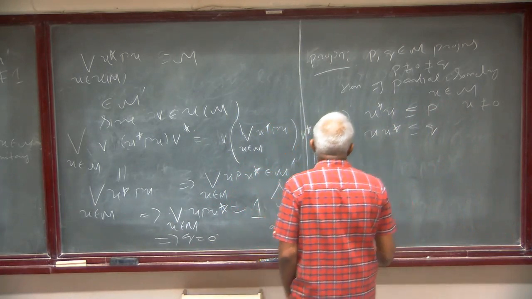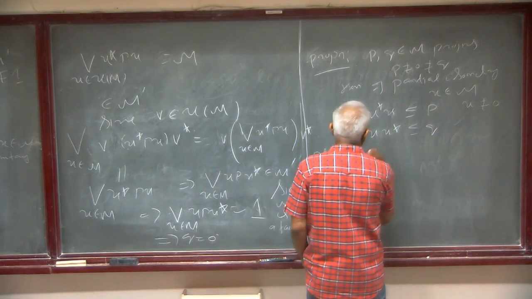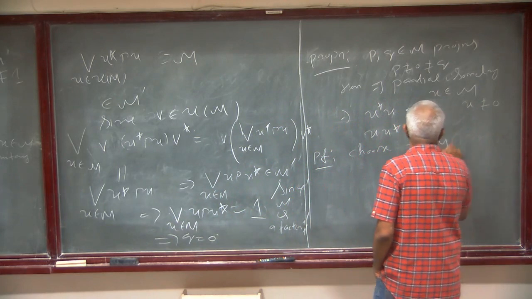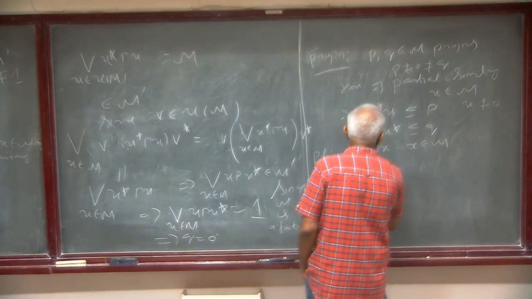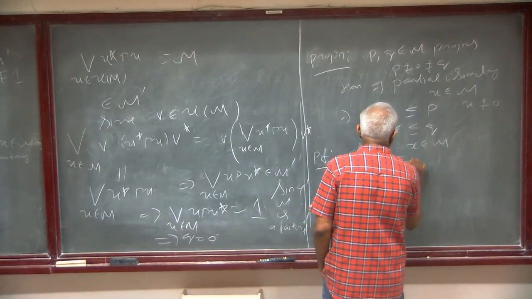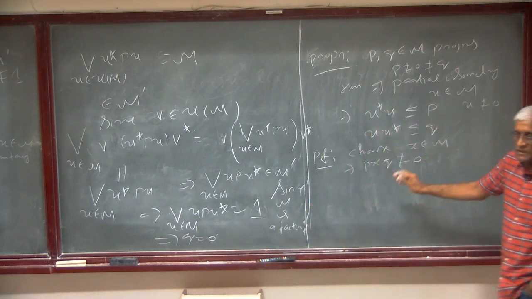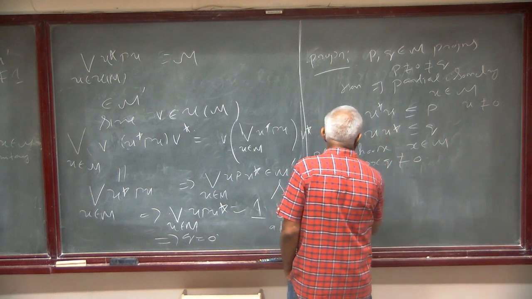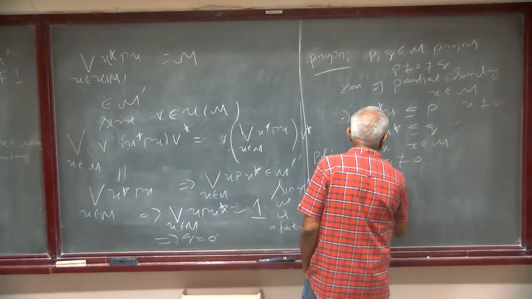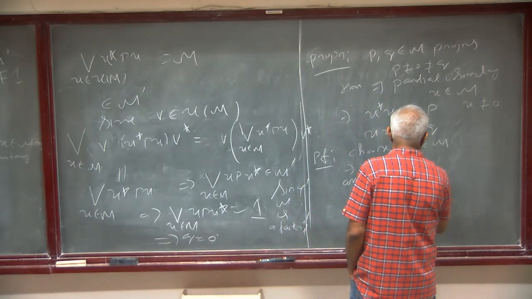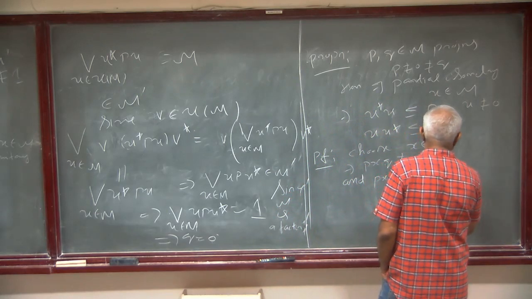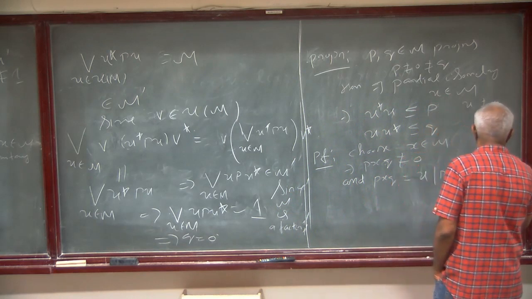So choose a unitary, or even X is enough, X in M, such that PXQ is not equal to 0. And here I want to use PXQ equal to U times the modulus of PXQ, the polar decomposition.